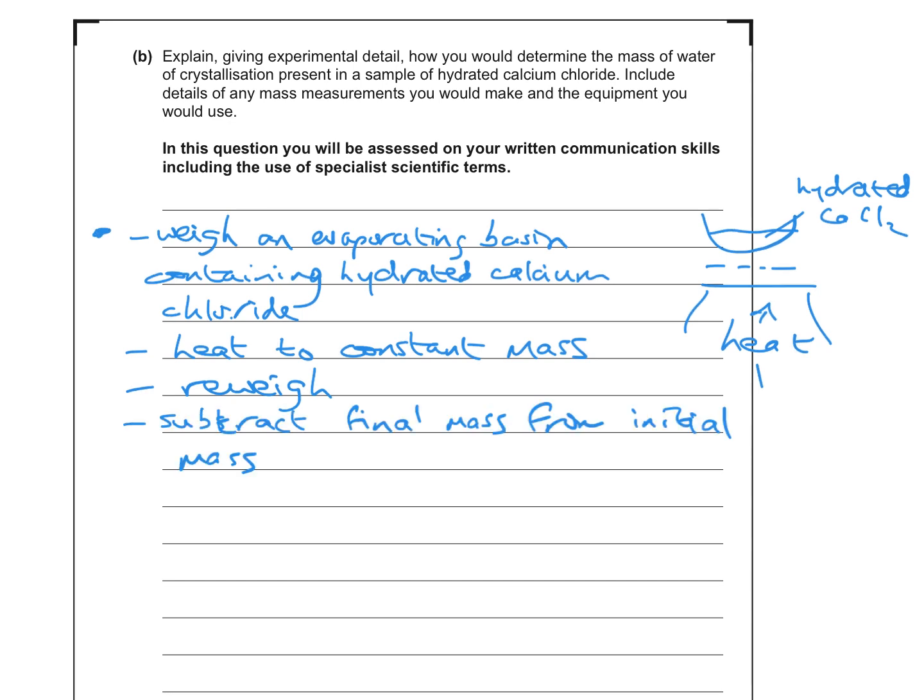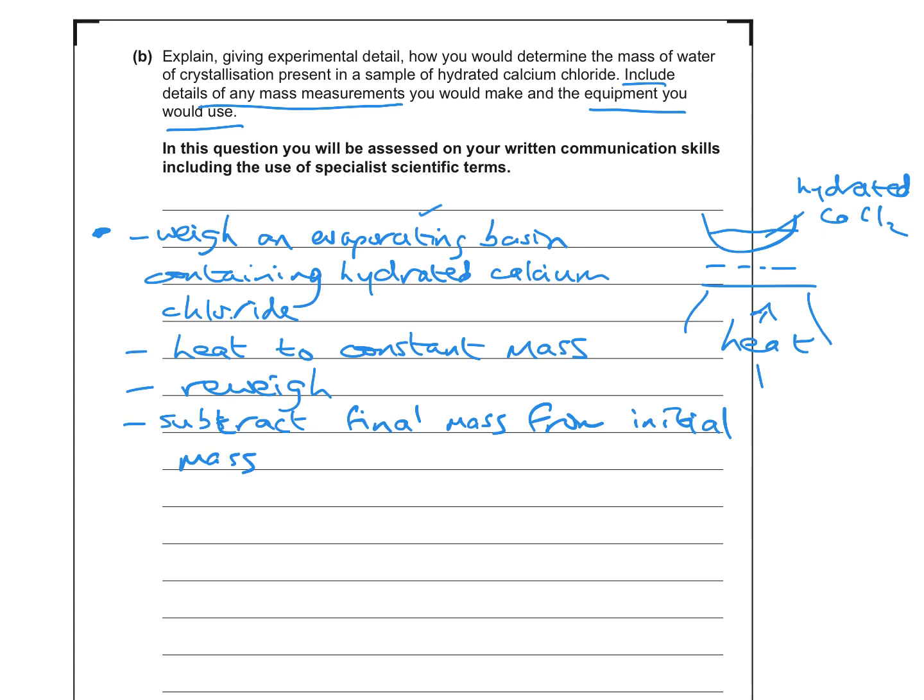So let's just check if we've covered everything. So include details of any mass measurements. Well, we have done that. And the equipment you would use. Well, I've drawn it here. So you could draw it and label it, or you write it down. Now, I've already mentioned the evaporating basin up there, so that would be one of the key things. You could use a crucible instead of an evaporating basin.